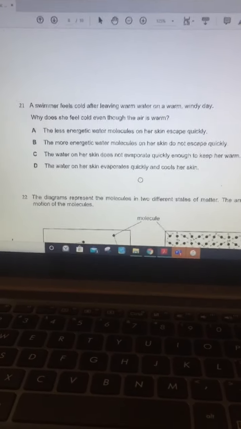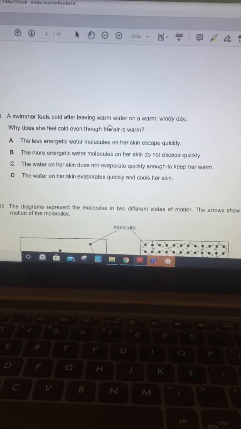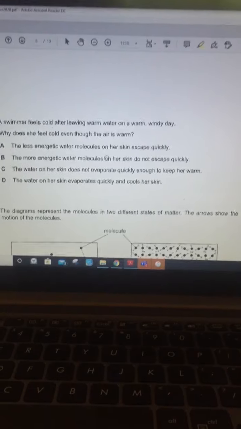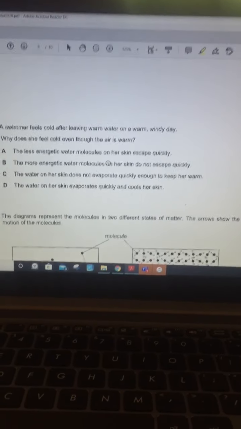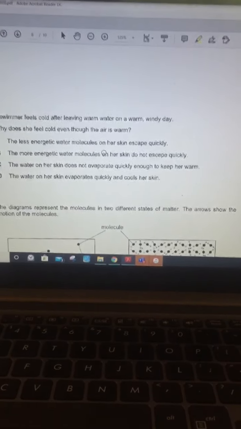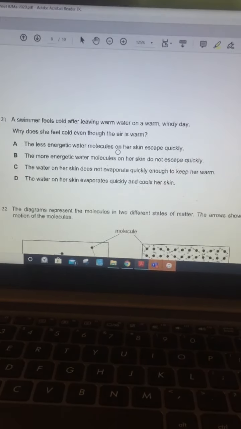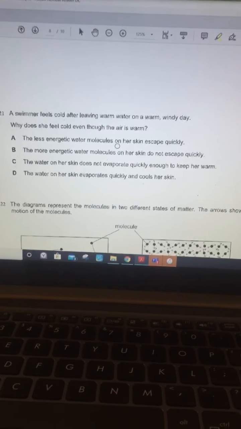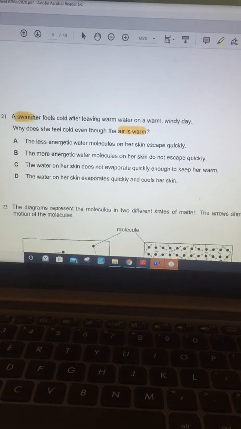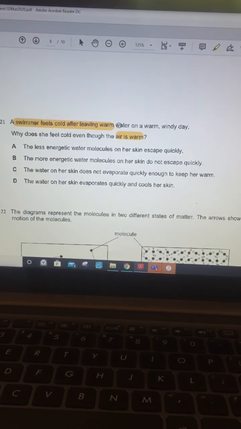A swimmer feels cold after leaving warm water on a warm, windy day. Why does she feel cold even though the air is warm? Perhaps the swimmers, Himesh, Imad, I think you can relate to this question. Even though the air is warm, still a swimmer feels cold after leaving warm water.